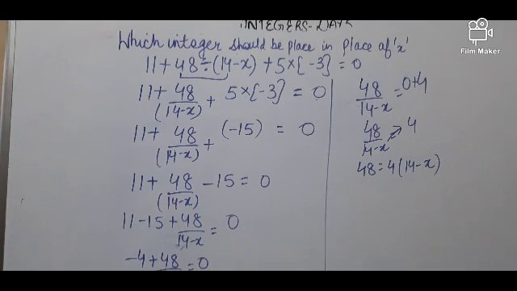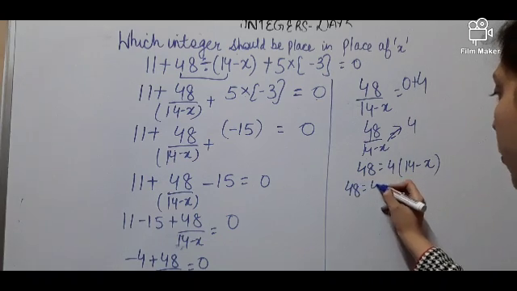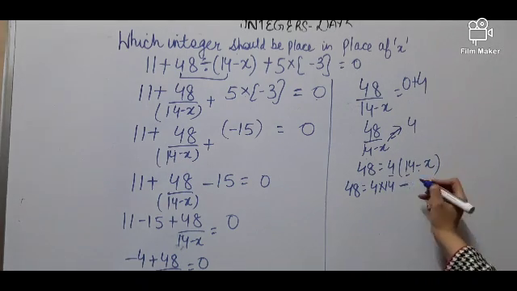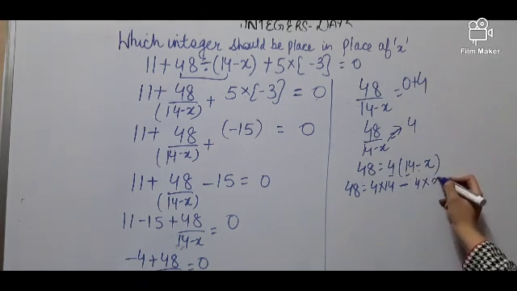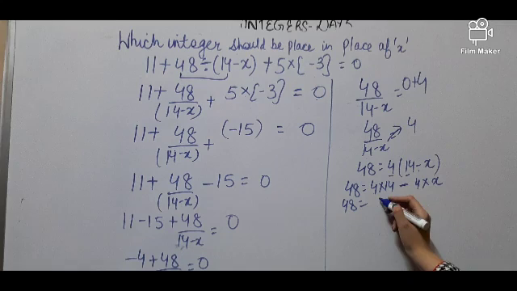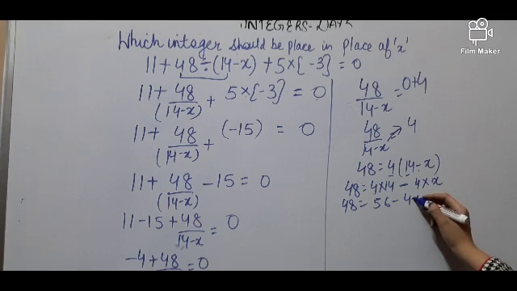Now see how we will solve this. First we multiply this 4 with 14, then put the minus sign here, then we will multiply 4 with x. So 14 times 4 gives you 56, minus 4 times x gives you 4x, right?